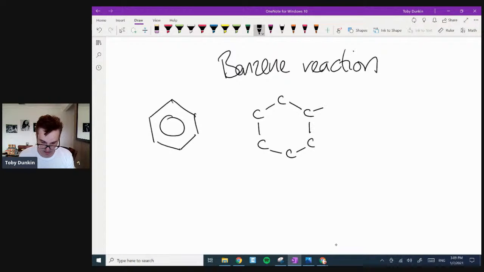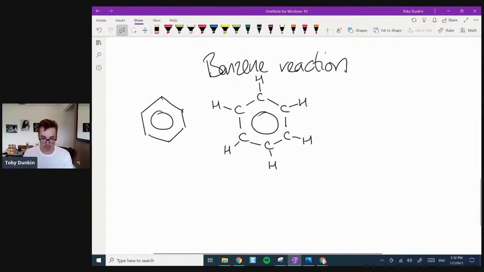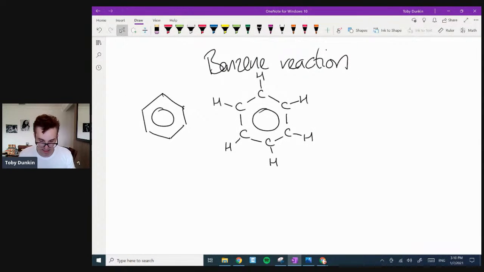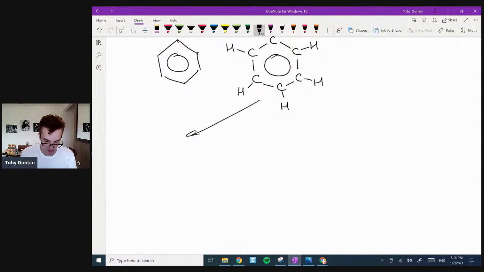What is being subbed is the hydrogens. Benzene has six hydrogens, each one on a carbon, with the delocalized system in the center. I'm going to swap these H's for other groups.